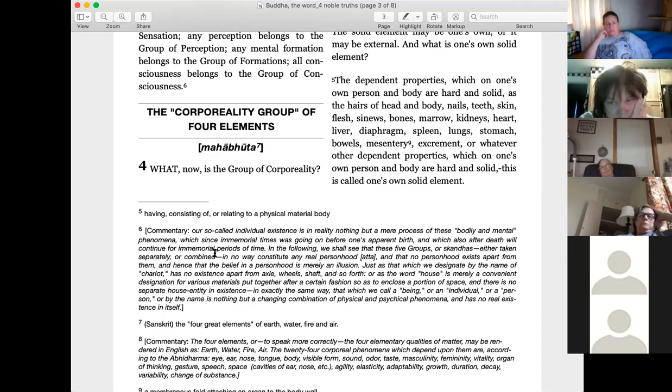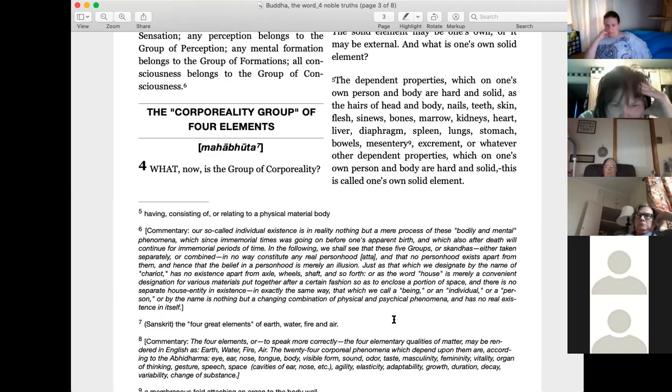And then the belief that we have this individual personhood is actually an illusion. And he uses the example of a chariot. So he says, a chariot has no existence apart from the axles, the wheels, the shaft, and so forth.